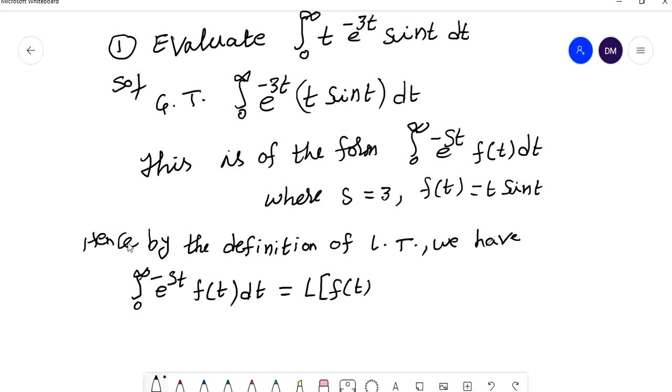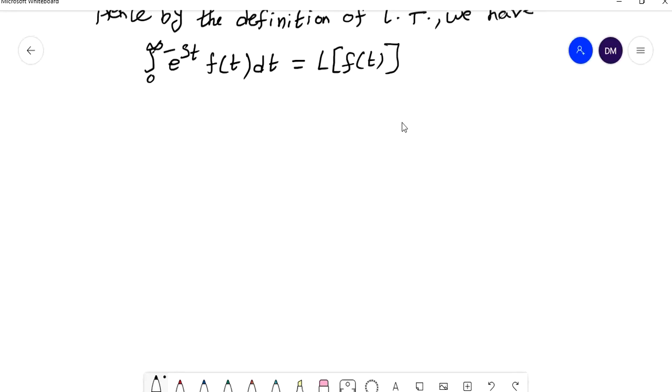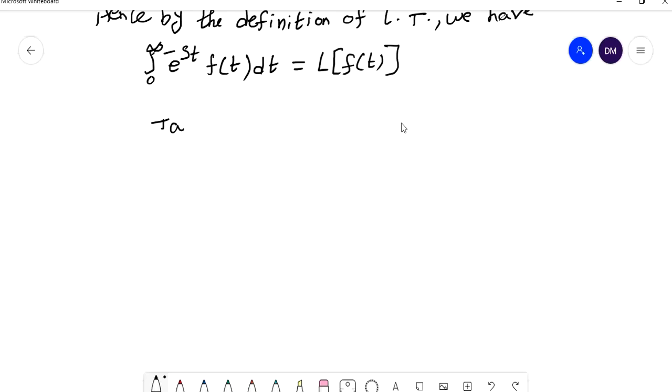But what is f of t here? Here f of t is t sin t. So take f of t is equal to t sin t.